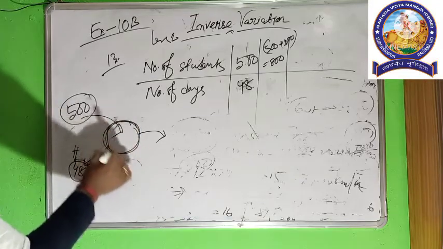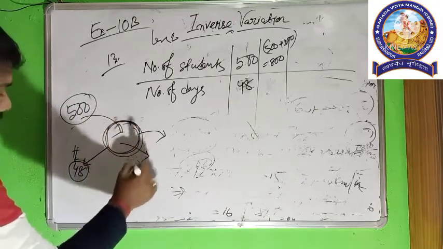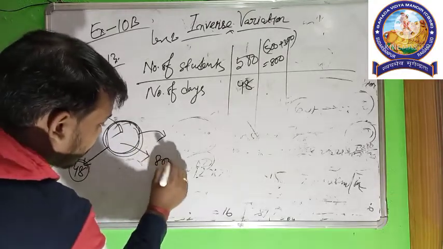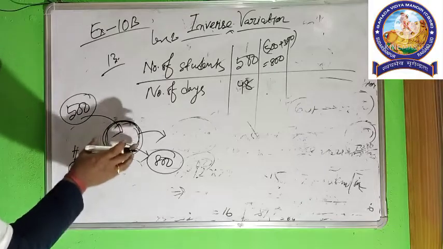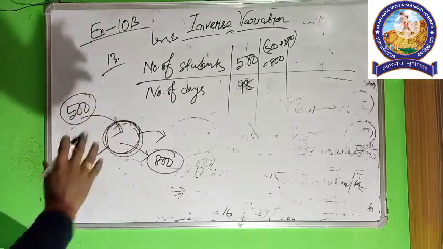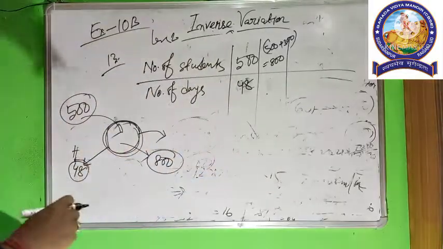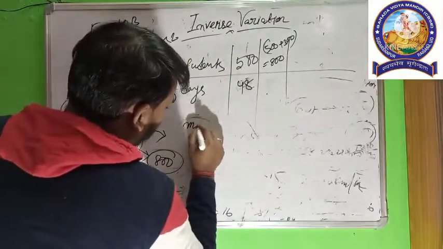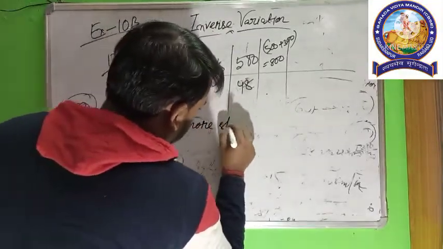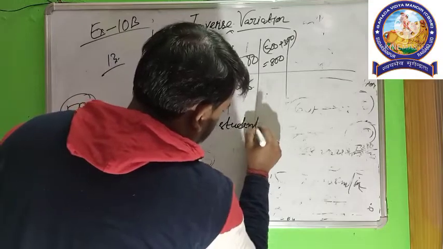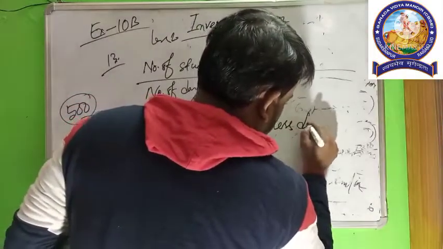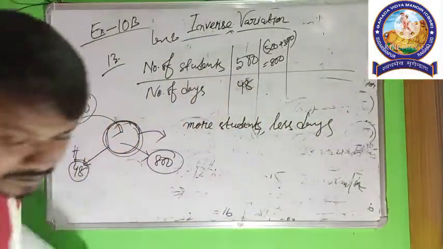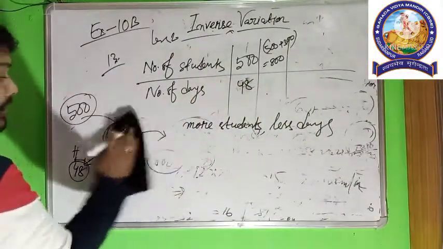If now this ration is eaten by 800 students, then it lasts for less time. So more students, less days.